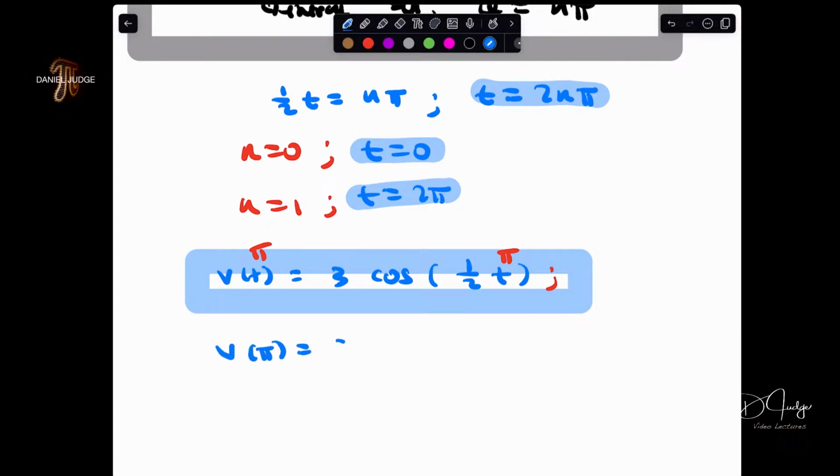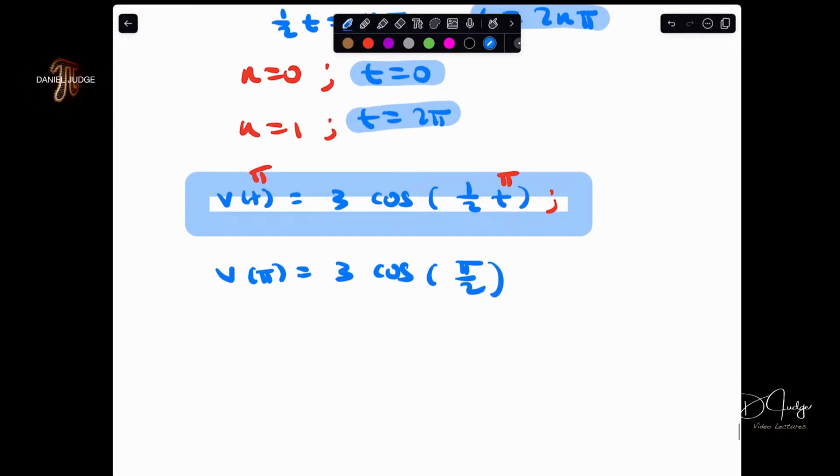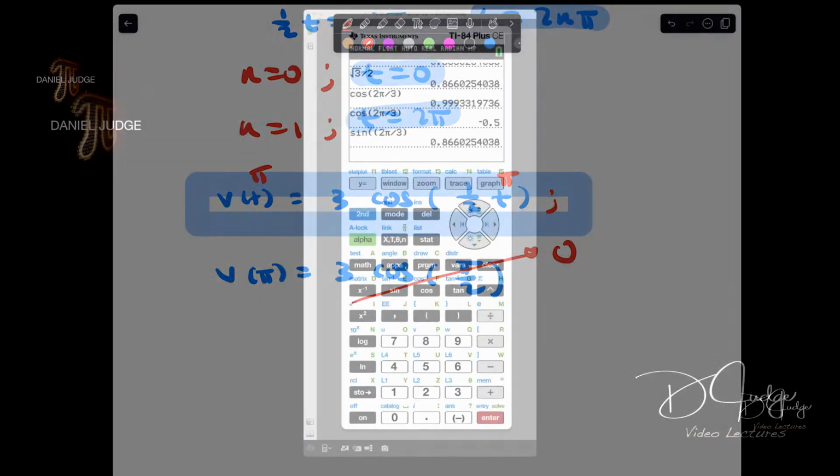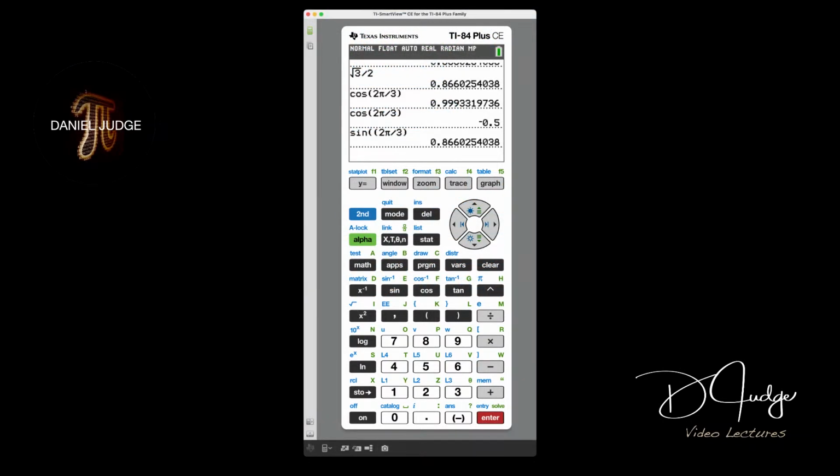v of pi is 3 cosine of pi over 2. Now, cosine pi over 2, if you guys remember, cosine of 90 degrees, well, that's 0. Is that right? I think it is. Cosine 90 is 0. All right, now you say, well, let me check my calculator then.